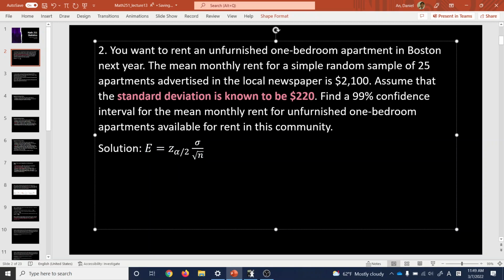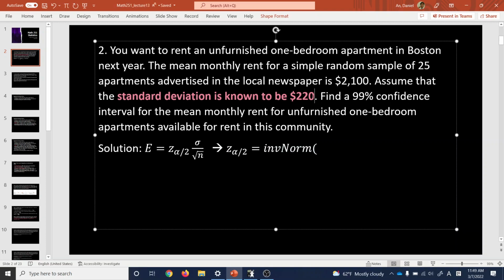For this, you need to first find the z alpha over 2, the critical value. That's calculated using the inverse norm, because of what we just discussed, rather than inverse t.